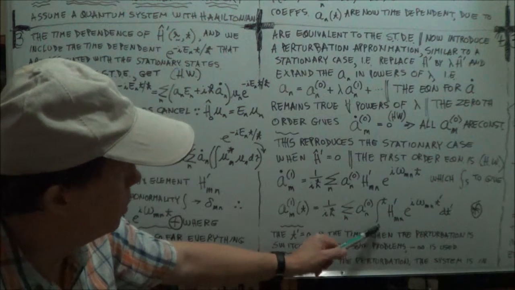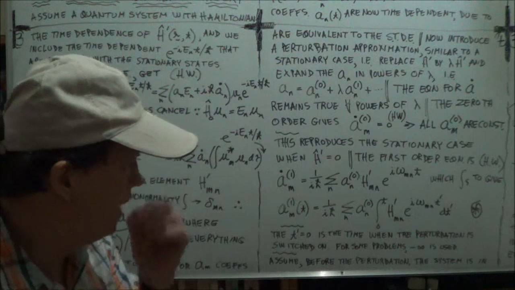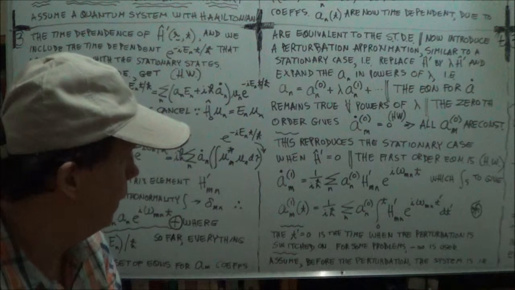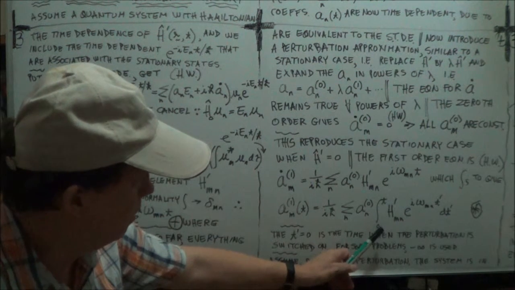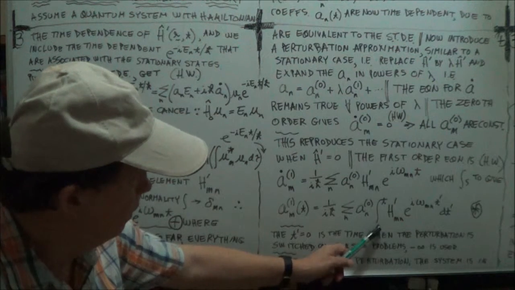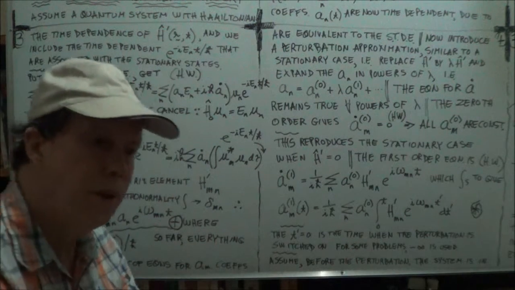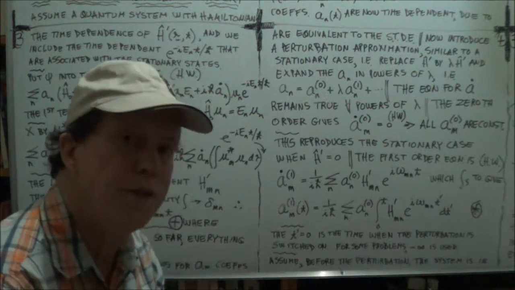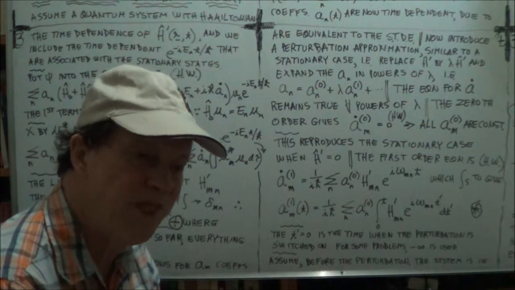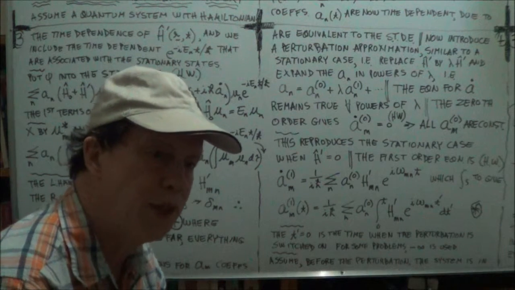Now you may have a question about the limits. How do you interpret that? Well, zero is interpreted to be at time t dashed is 0. Physically, that's when your perturbation starts.